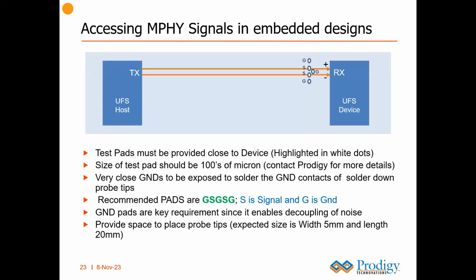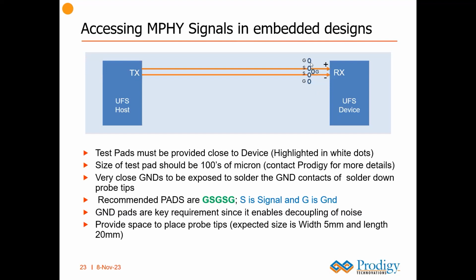Now look at the devices under test available in the market. Most of these are embedded products, so you have a host and device, and there won't be any connector in between them. There is a PCB trace going from the host to the device, and sometimes for debug purposes you make test points available at the device endpoint, with a signal and signal.